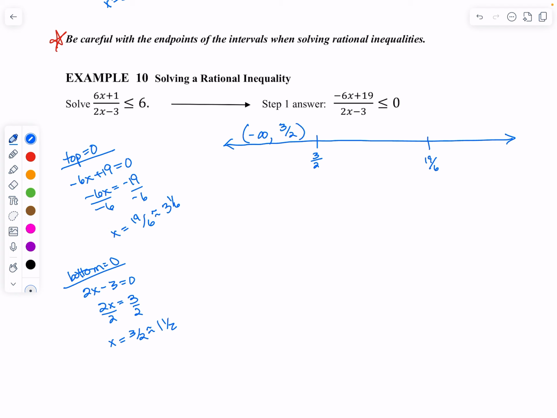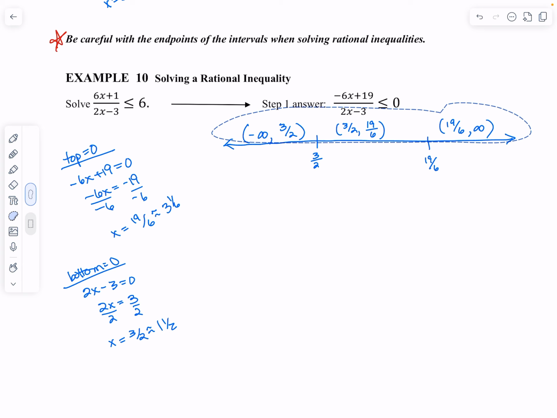Anything to the left of 3/2 is negative infinity to 3/2. Then my in between is 3/2 to 19/6. And then the right-hand side is 19/6 to forever. So I know that my answer is going to be one or more of those.